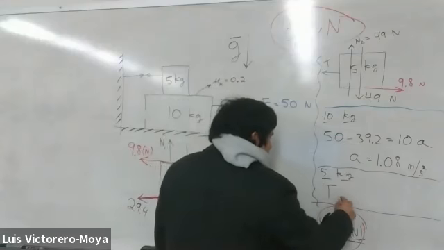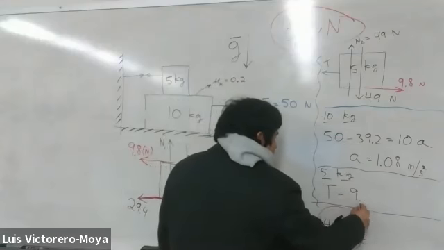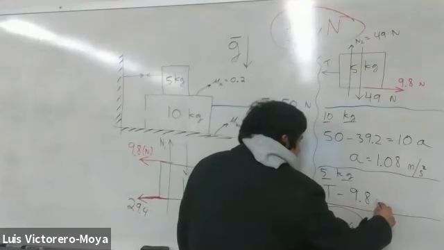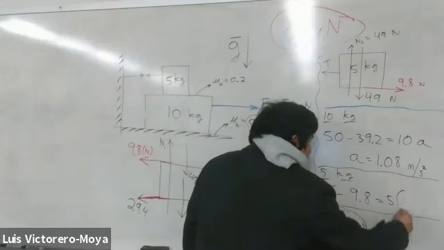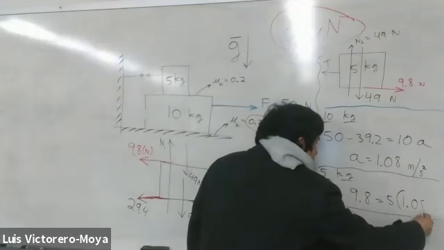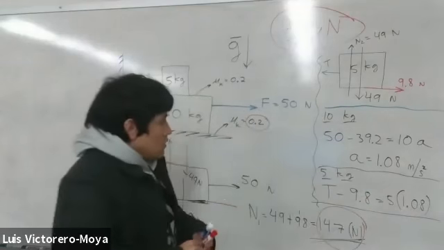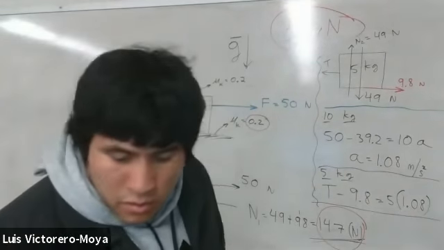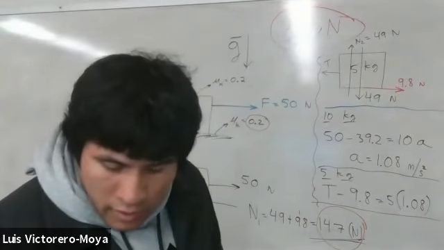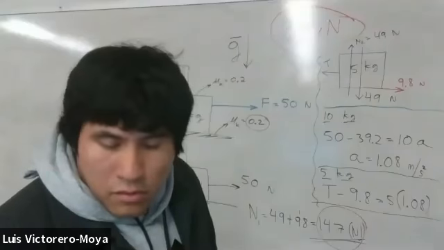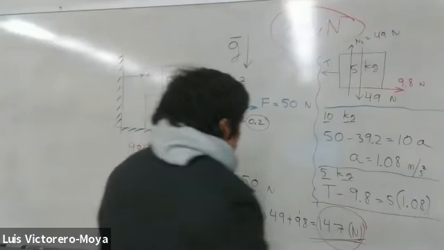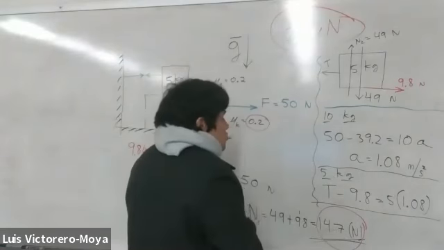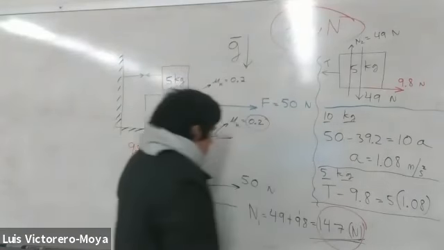Tension minus 9.8 equals 5 times 1.08. So the tension should be strong enough to hold it there. 15.2 newtons. You do it like that, you can get the tension.